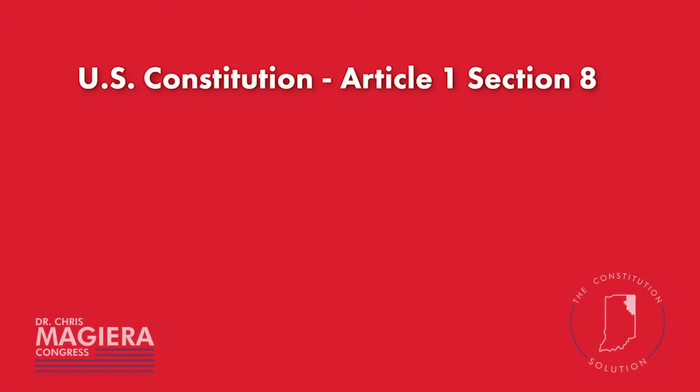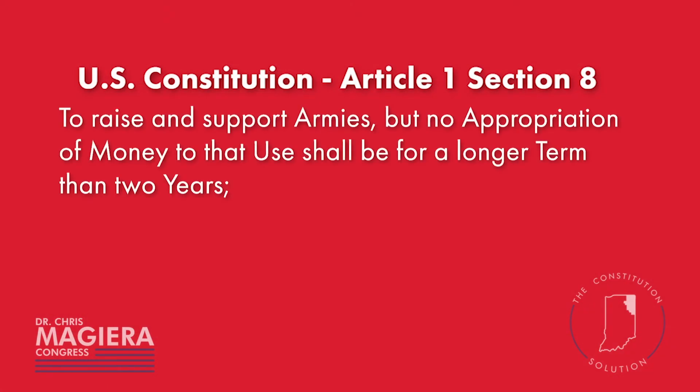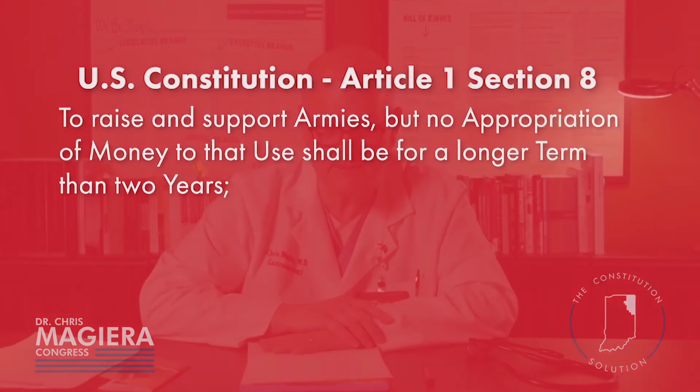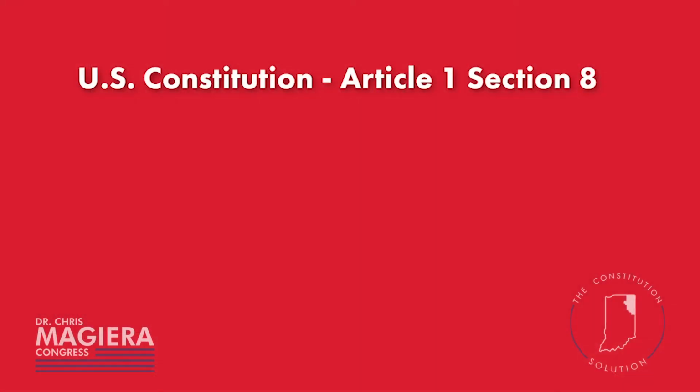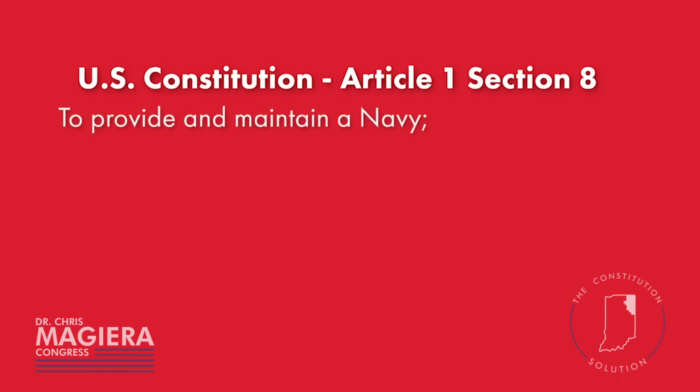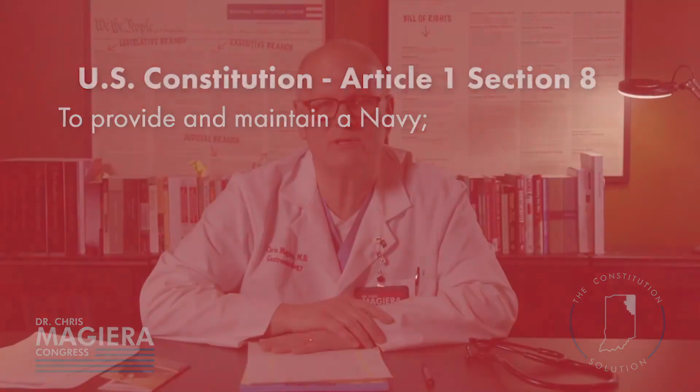Number 12, to raise and support armies, but no appropriation of money to that use shall be for a longer term than 2 years. The founders were very skeptical of standing armies. Very skeptical. Number 13, to provide and maintain a navy. You can't have a nation of worldwide commerce that doesn't involve ocean transit, and for that, you need a navy.